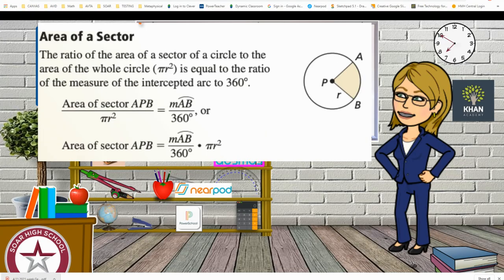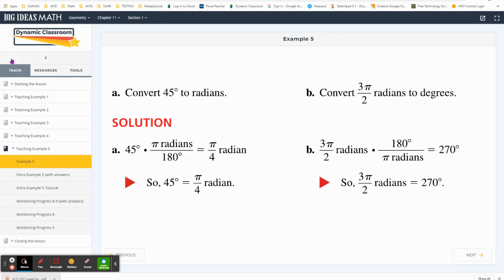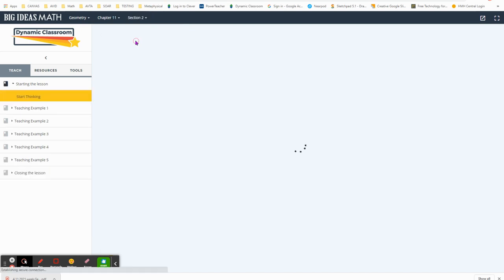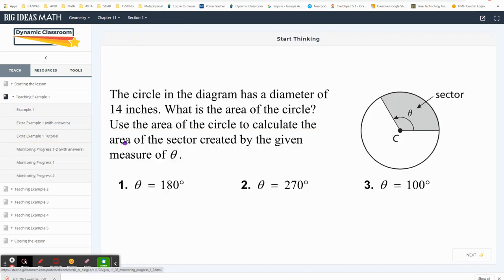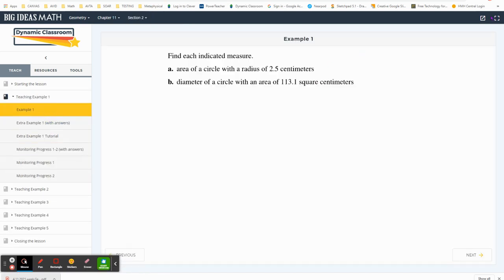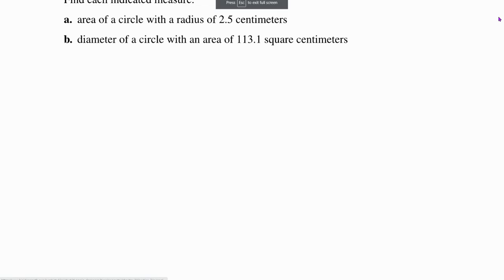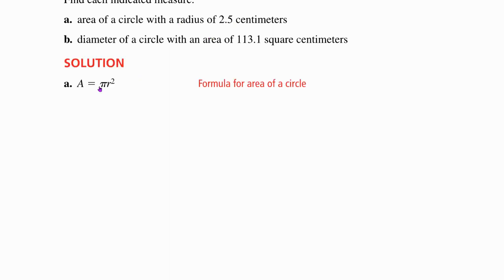Let me go back here. We're going to find the area of a circle. Right here we have a circle with a radius of 2.5. So all I am going to do is put in the radius right here.